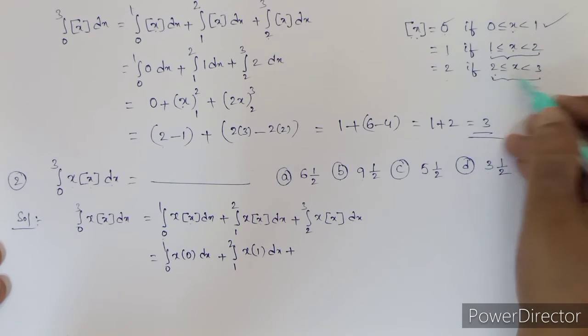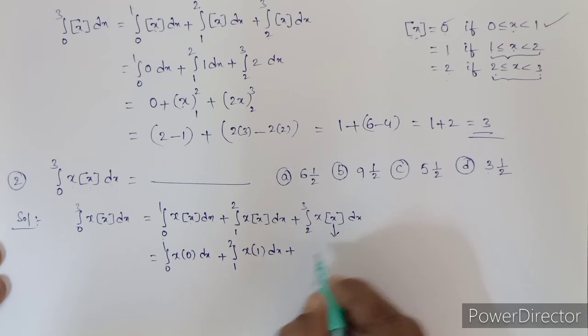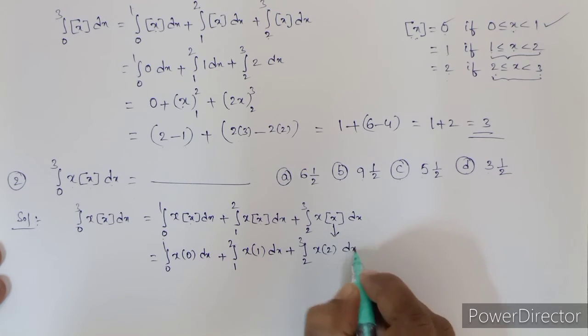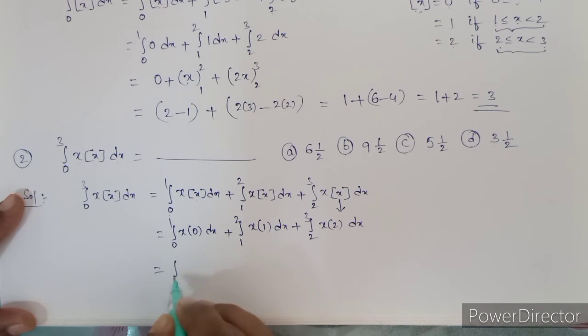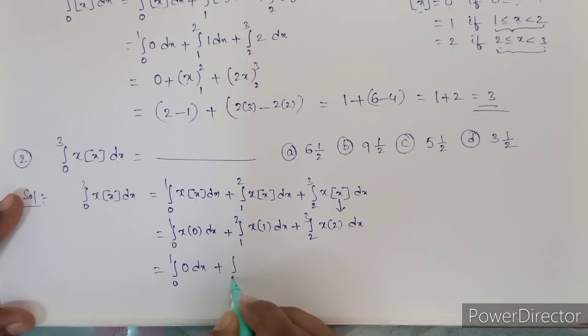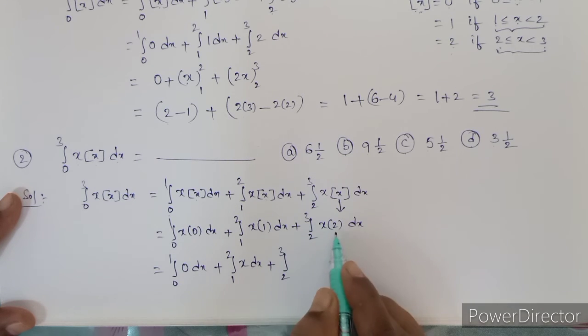When x lies in between 2 and 3, step x is equal to 2. So this is x into 2. Integral 0 to 1 x into 0 is 0, plus integral 1 to 2 x into 1, x, plus integral 2 to 3 2 into x, 2x.